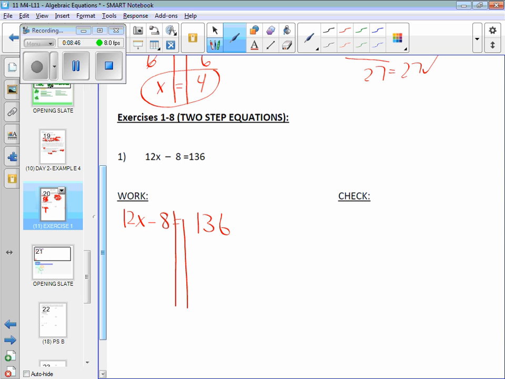All right, what do you do first? Right. Undo the addition or subtraction first. In this case, it's subtraction. So the opposite of minus 8 is plus 8. What do I have to do to the other side, though? Right.